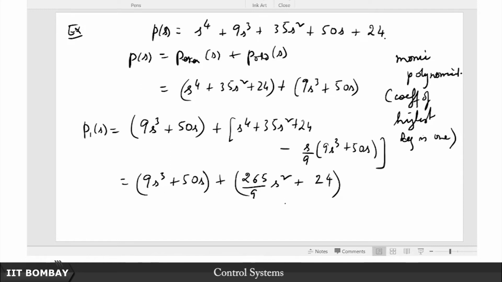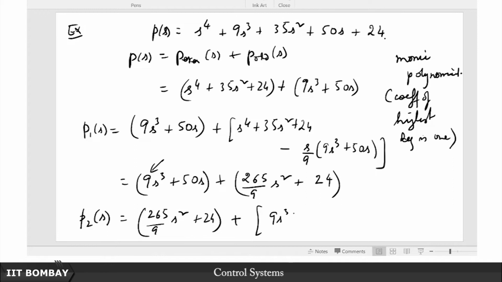So, now I am going to go to the next stage. At the next stage, my goal is to reduce this fellow. So I retain 265 by 9 s squared plus 24 as it is, and then plus 9s cubed plus 50s minus, what do I need to multiply this by?